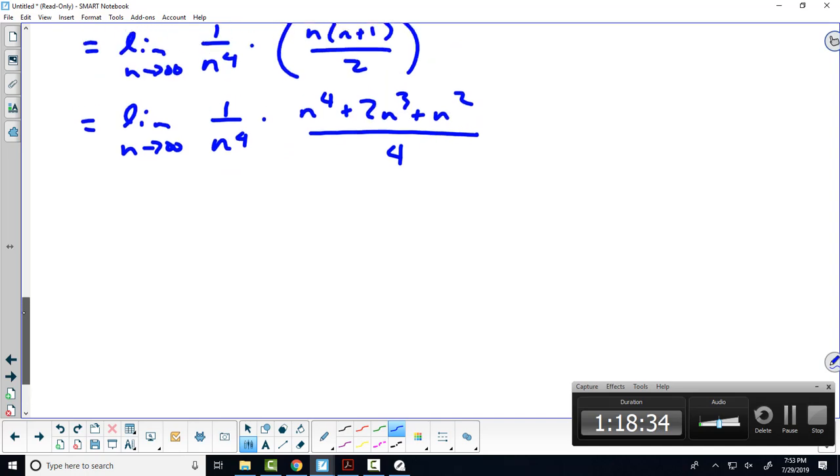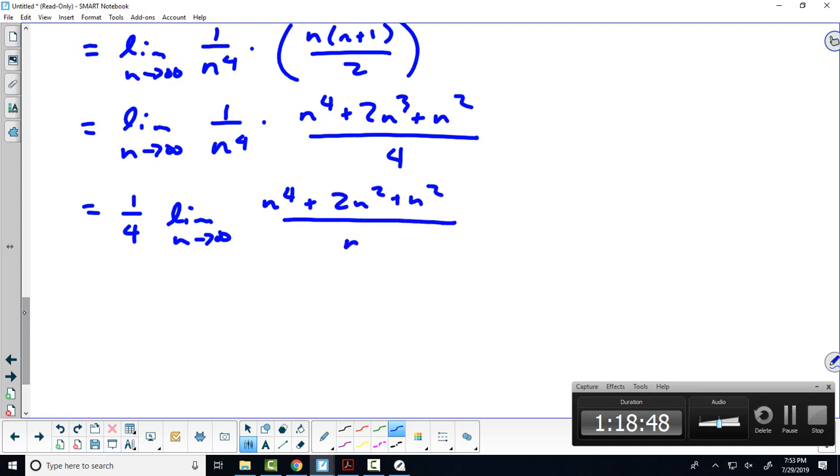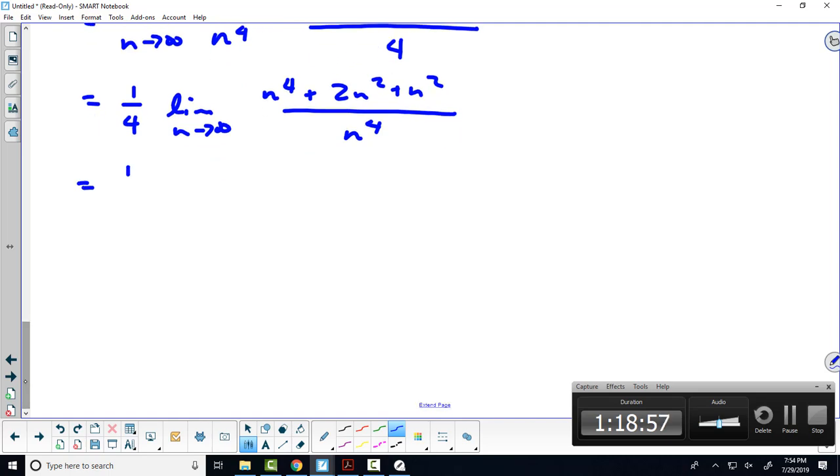So let's see what we can do here. I'm going to go ahead and notice I've got this divided by 4. That's a factor. I'm going to take that out as 1/4 the limit as n goes to infinity of n to the fourth plus 2n cubed plus n squared all over n to the fourth. Well, we're getting close. We get 1/4 the limit as n goes to infinity.